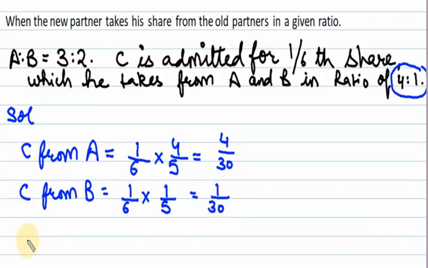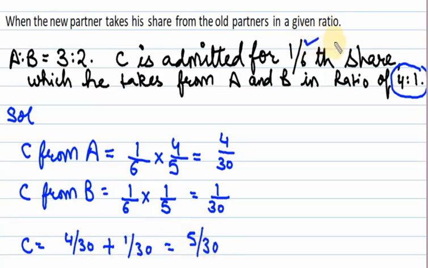So what is the share of C? C's share is 4/30 that he takes from A and 1/30 that he takes from B. So that is 5/30, or you can say 1/6. Now what will be the share of A? A's share was 3/5, of which he gave 4/30 to C. Now for this we will make the denominator the same and then we will do the subtraction.